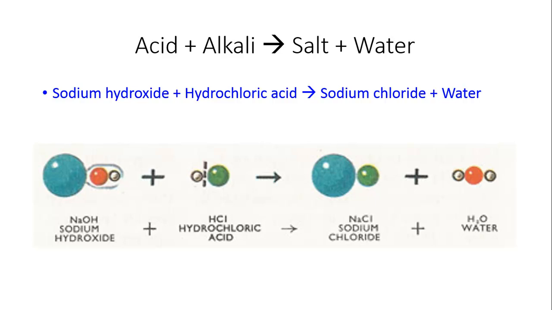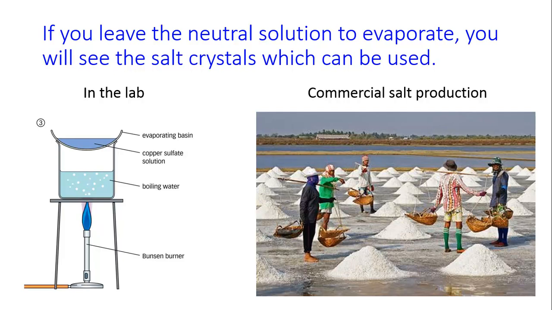The electrons hold on to each other so strongly that it's an extremely stable molecule. And sodium chloride is common table salt that we put on our food as a flavor additive.